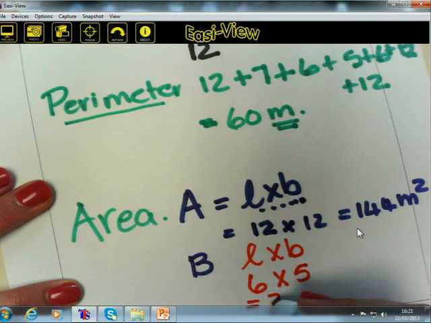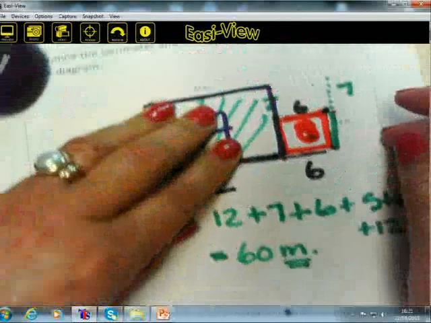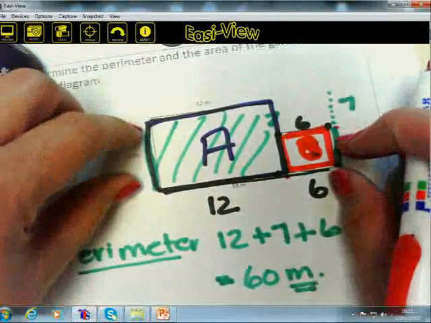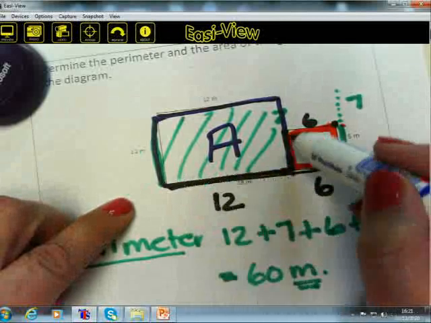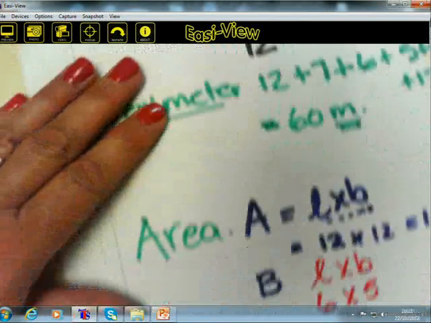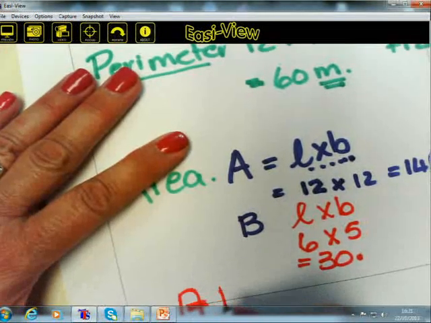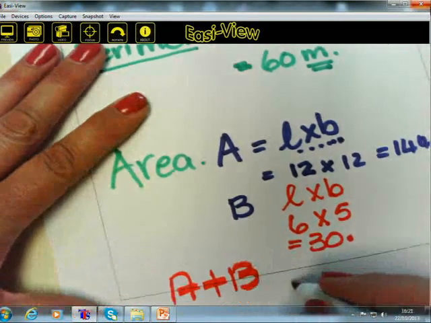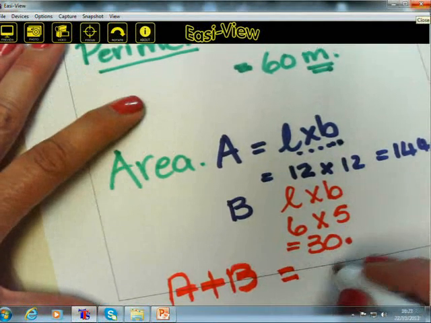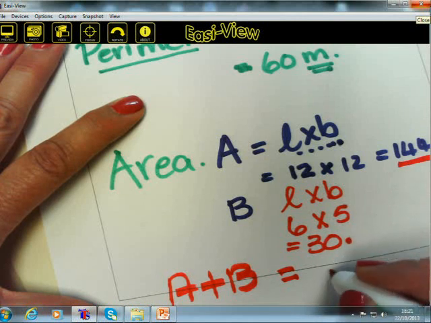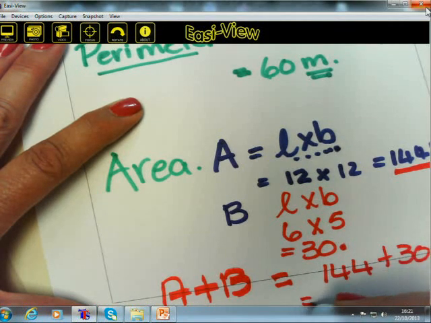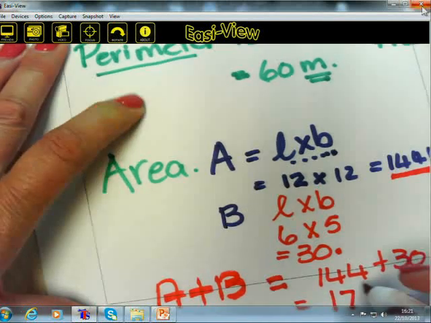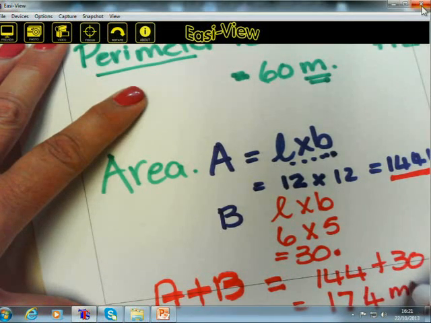And the answer there will be 30. Now, as you can see, to get the total area, I will have to add these two. I will say A plus B. So A plus B is equal to 144 plus 30. And that gives me 174 meters square.